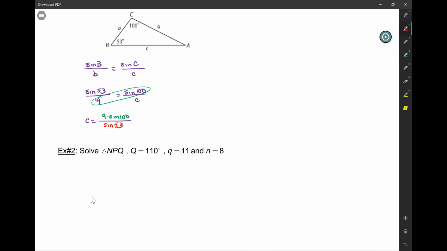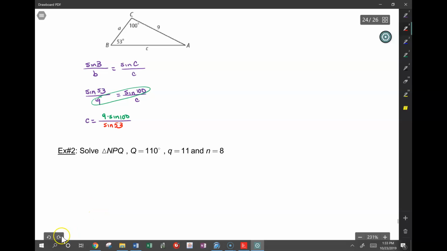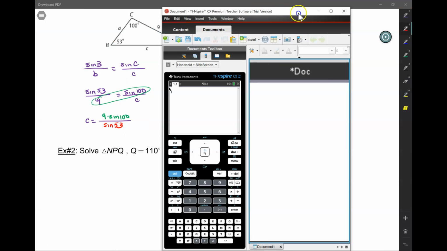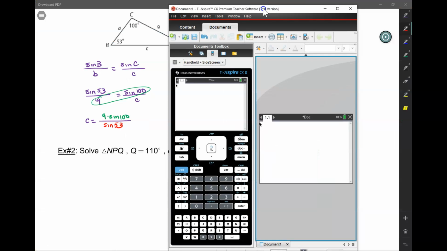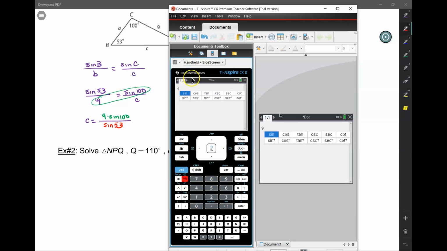Now, go ahead and take out your calculators, please. We plug in 9 times sine of 100 divided by sine of 53. It's absolutely important that you're in the correct mode, whether it's degree or radian.